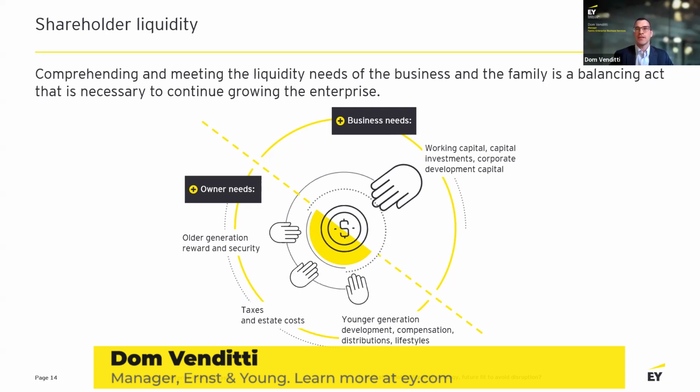And then in between, there's taxes and estate costs that need to be funded, likely with business capital. And importantly to note here, what we find is management of family enterprises are often keenly aware and in tune with the business side of this equation, but it's the owner needs that can be more opaque or fuzzy and might not have been clearly defined.